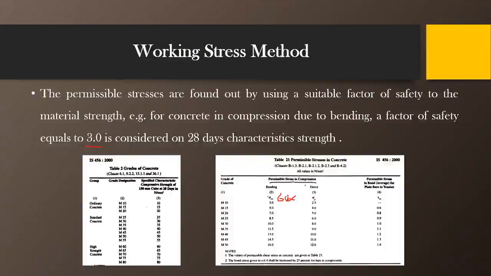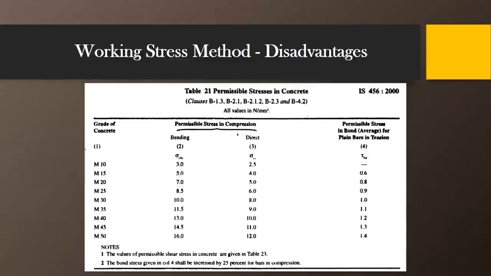So let us discuss how this factor of safety 3 is taken here. For that, we'll just merge these two tables. This is table number 21 as abstracted from IS 456-2000.